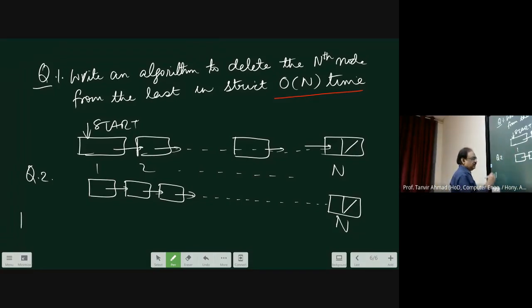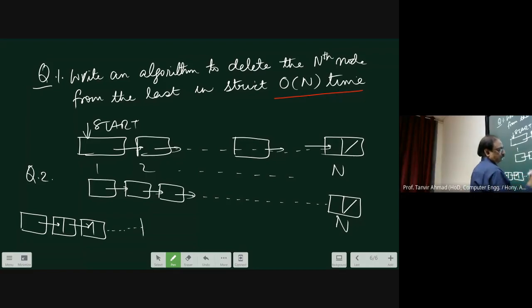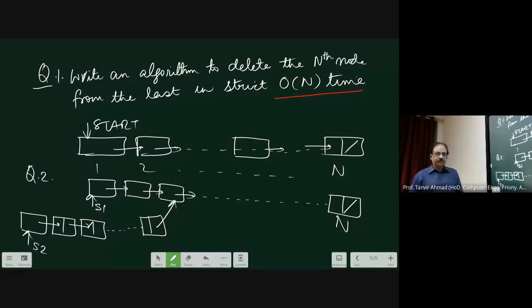There is another linked list like this. Now there is a pointer S1 over here, and a pointer S2 over here. Okay.